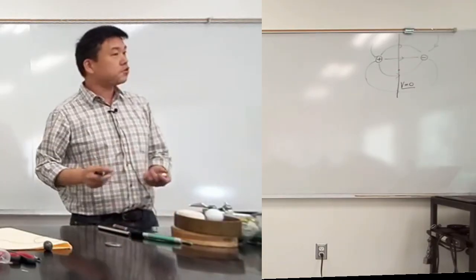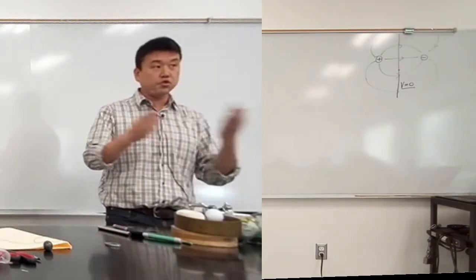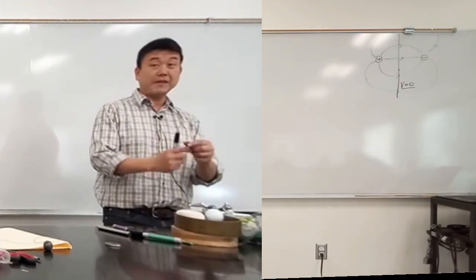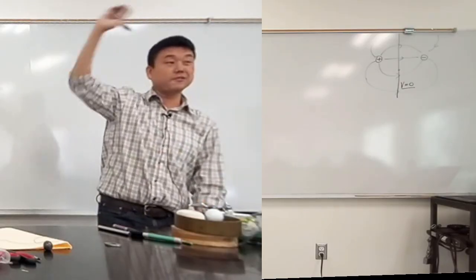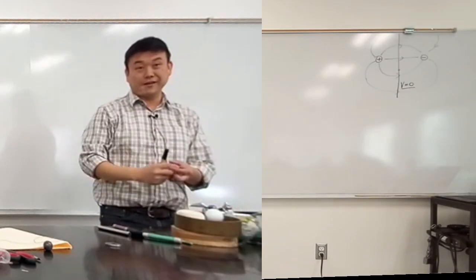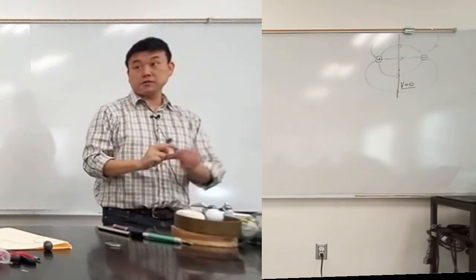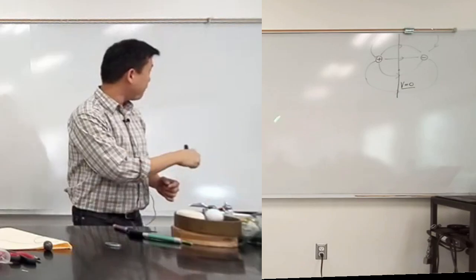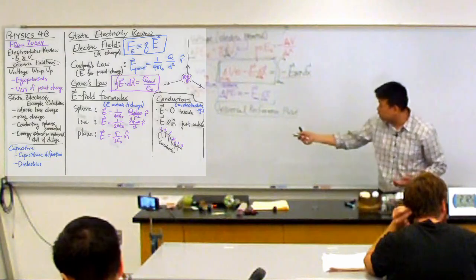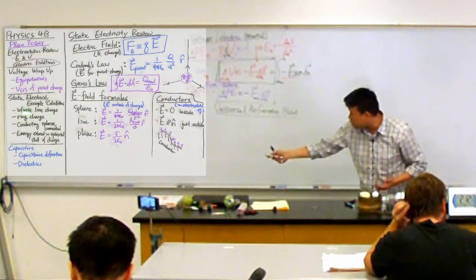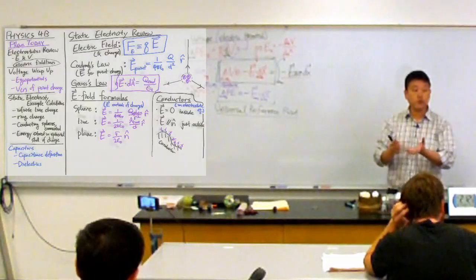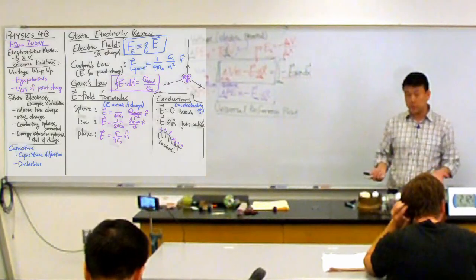Now, there will be some situations where you cannot use that universal reference point. Whenever you have an infinite charge distribution, this reference point fails because you're dealing with too many infinities. But whenever you are using a finite charge distribution, either point charge, dipole, ring of charges, or a sphere of charge, you are going to be able to use this universal reference point.